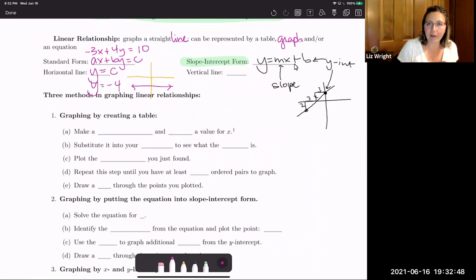If I have an equation of y equals -4, I need to be able to recognize that it graphs a horizontal line at -4. No matter where I would put my pencil on that horizontal line, my y values 100% of the time are -4, which is why it's y equals some constant. What is the constant? That is the same along that line. And for this one that I graphed down here, it's y equals -4.